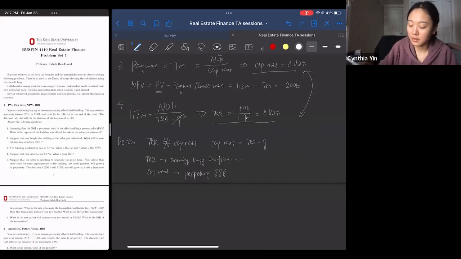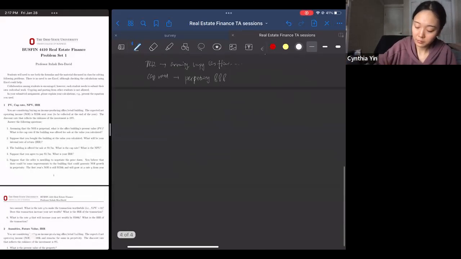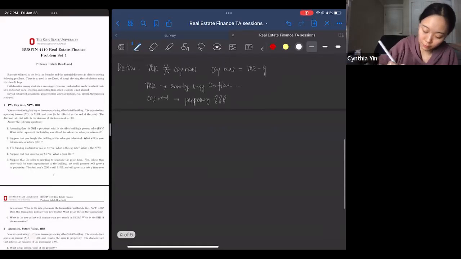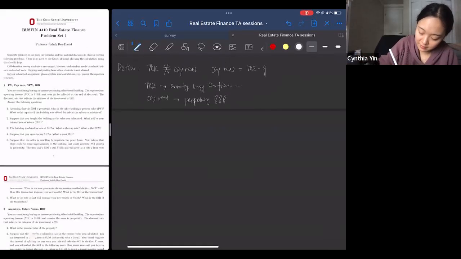So this is an exotic assumption. Only within the perpetuity you will see the concept of cap rate exists. Okay, so we finished question 4, and let's go for 5 and 6.